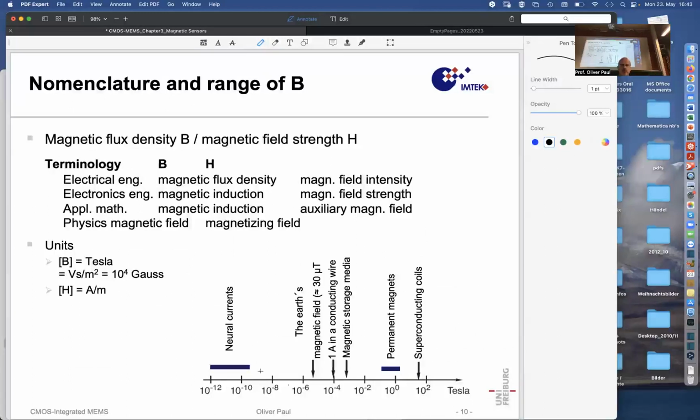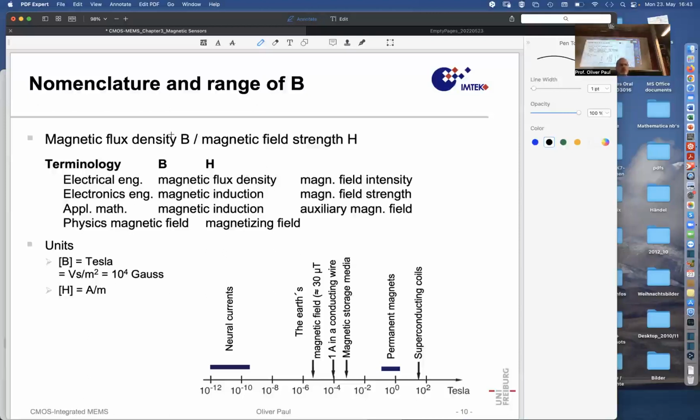So here's again the information on the top of the last page in graphical form, and then in terms of electromagnetism, you know that we have these two fields, the B and the H, and then there is big confusion, because every brand of engineer and scientist calls them differently. So here's a collection of terms that you can find.